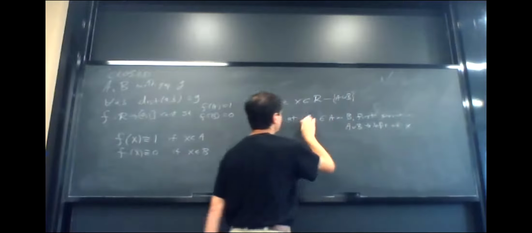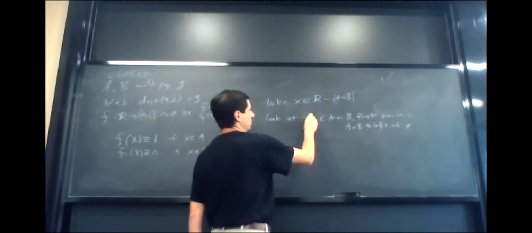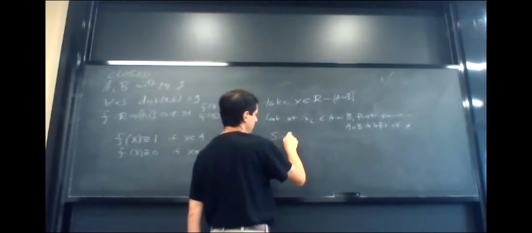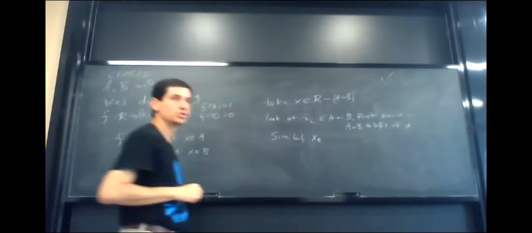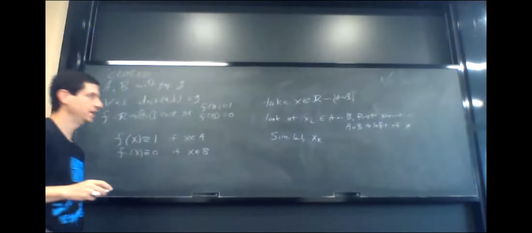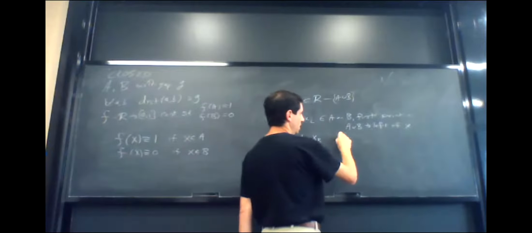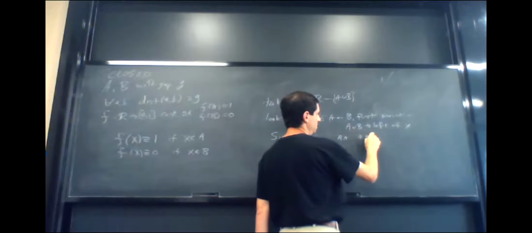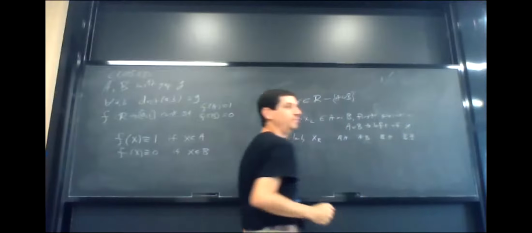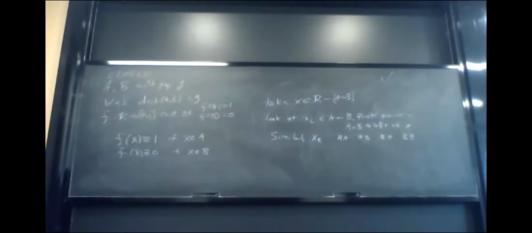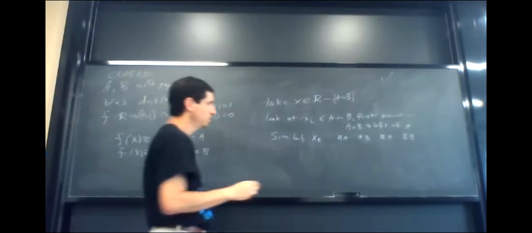Let's call that x sub L. And similarly, we'll have x sub R. So we have four possibilities. It could be AA, AB, BA, or BB. Okay. And then connect them, like the x, y coordinates, with a line.